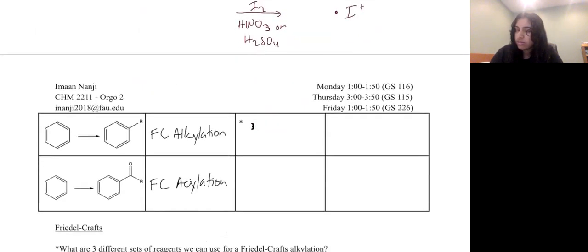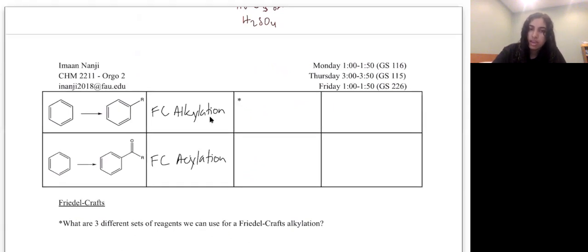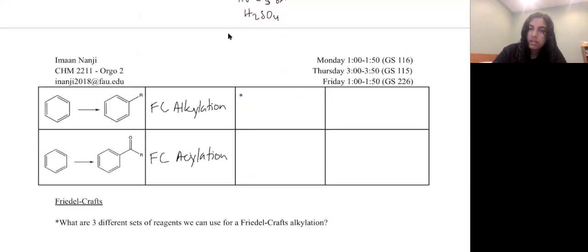Okay, and then the last two are going to be Friedel-Crafts. So you can have Friedel-Crafts alkylation and then FC acylation. So for alkylation, what reagents are we going to use?